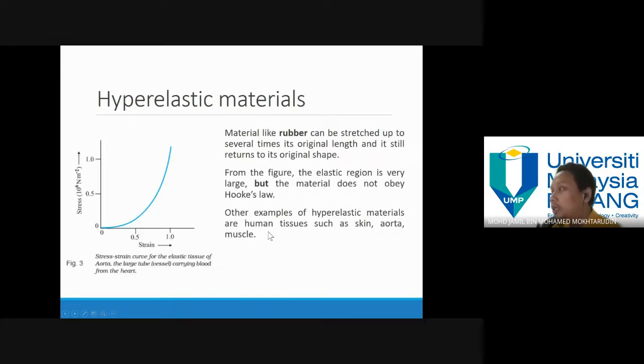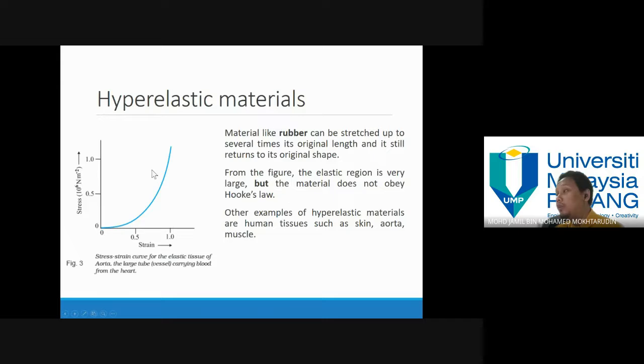So this is about hyperelastic materials now. Hyperelastic materials usually describe the properties of rubber. A material like rubber can be stretched up to several times, then released, stretched again and released many times, but it will still maintain its original shape.